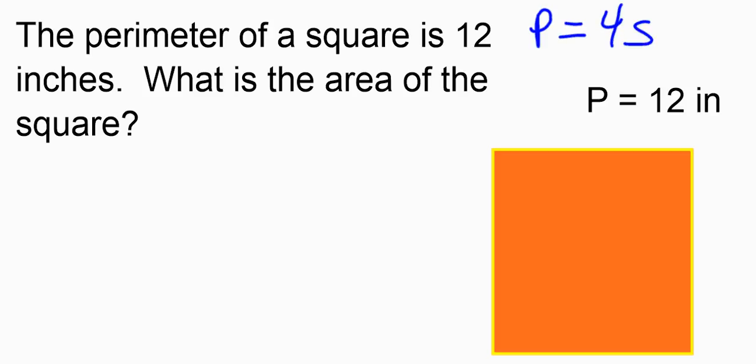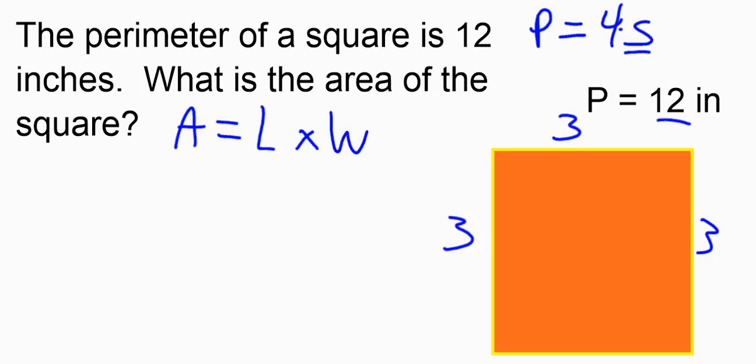Right? But it wants to know the area. Okay, so 4 times s, or a side, gives me an answer of 12. That means 12 divided by 4 is going to give me a side of 3. Right? And from there, we can now find the area. Area equals length times width. 3 times 3.